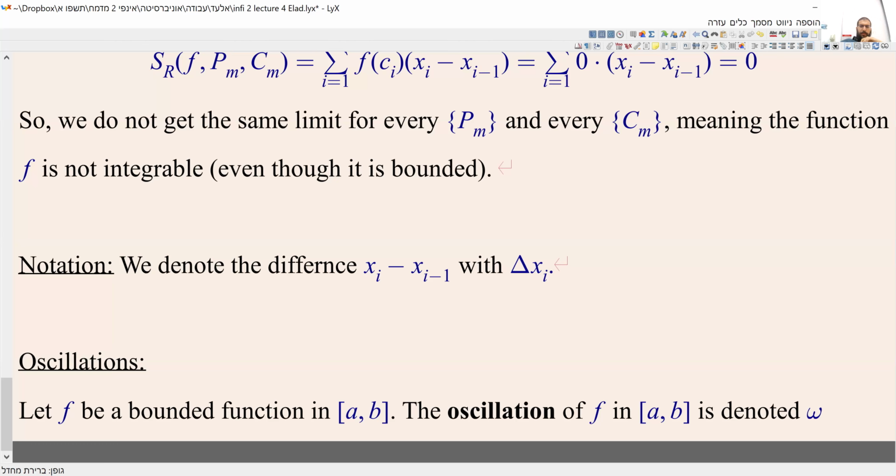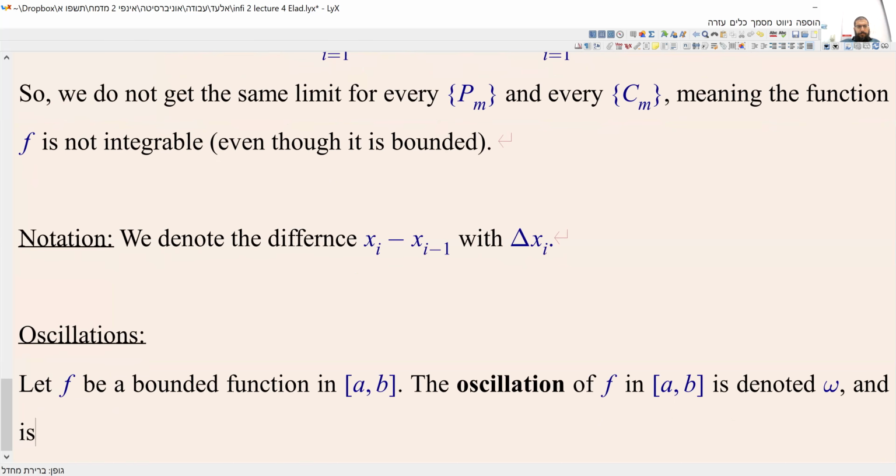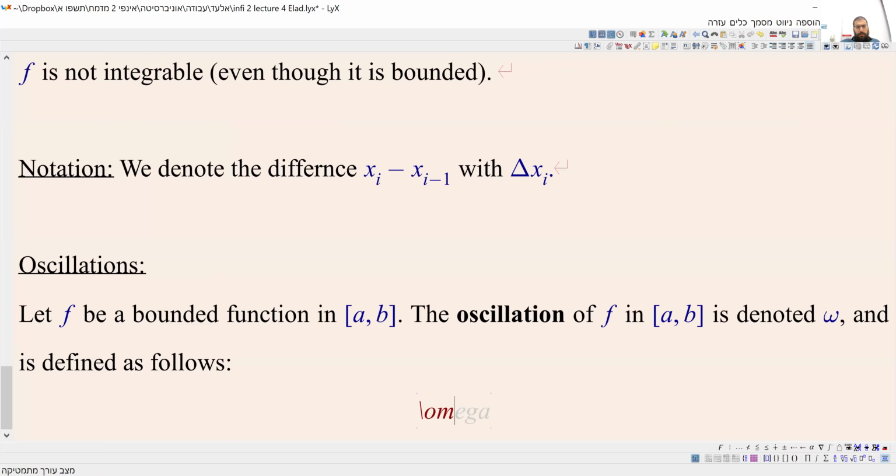It is denoted omega and is defined as follows. Omega is the difference between the supremum of f and the infimum of f in our segment.